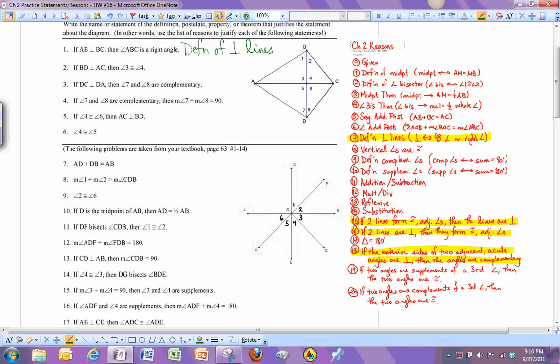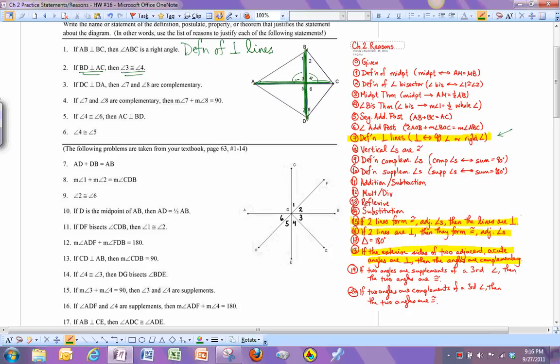Number 2 says if BD, this one, is perpendicular to AC, this one here, then 3 is congruent to 4. And notice 3 and 4 are next to each other. So this is basically saying if you have perpendicular, then you get some congruent angles that are next to each other. Well, if you look at the highlighted ones, that's not what 7 says. 7 just says perpendicular gives 90 degrees.